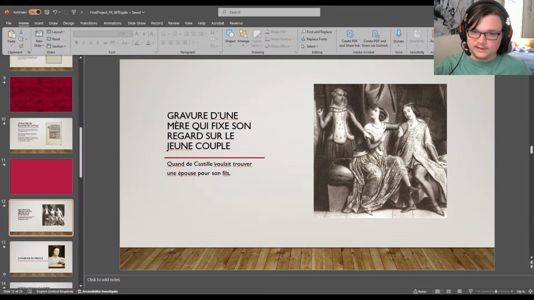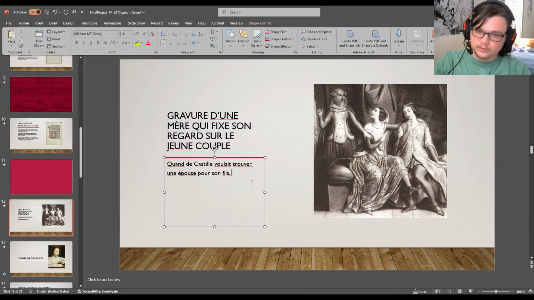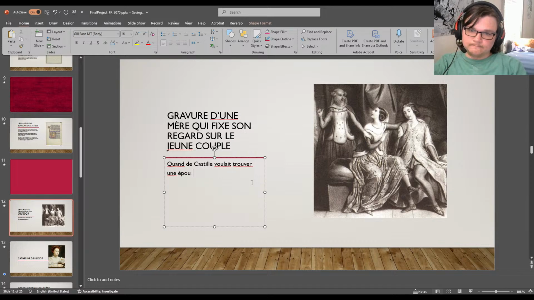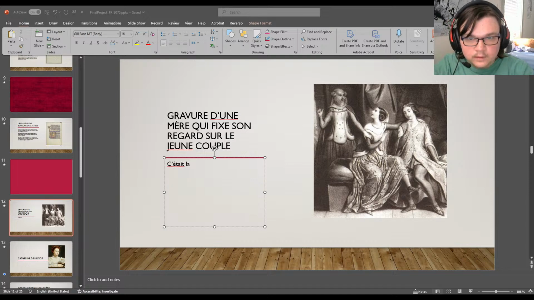Okay. Comte de Castille voulait trouver une épouse pour... C'était de Castille. Or I could say... C'était la... Reine-Mère.